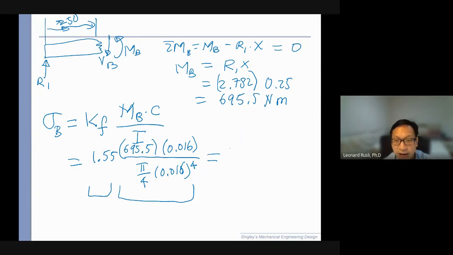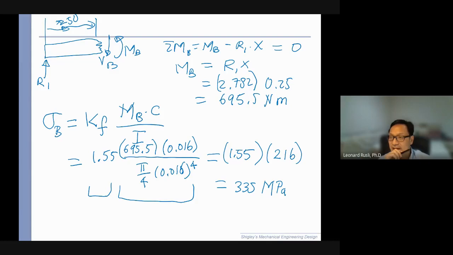So we have 1.55 multiplied by 216, and this is 335 MPa, megapascal. You can see that without the stress concentration factor, 216 is what you would calculate in semester 2. The addition here is the multiplier 1.55.